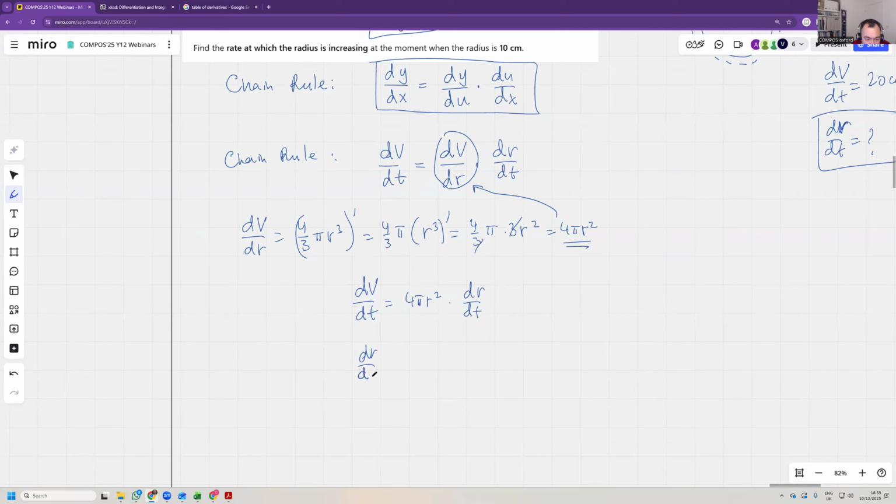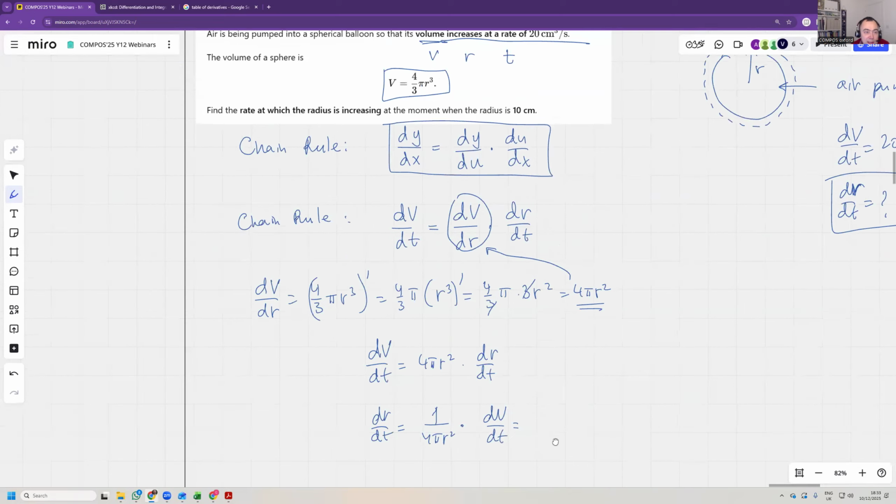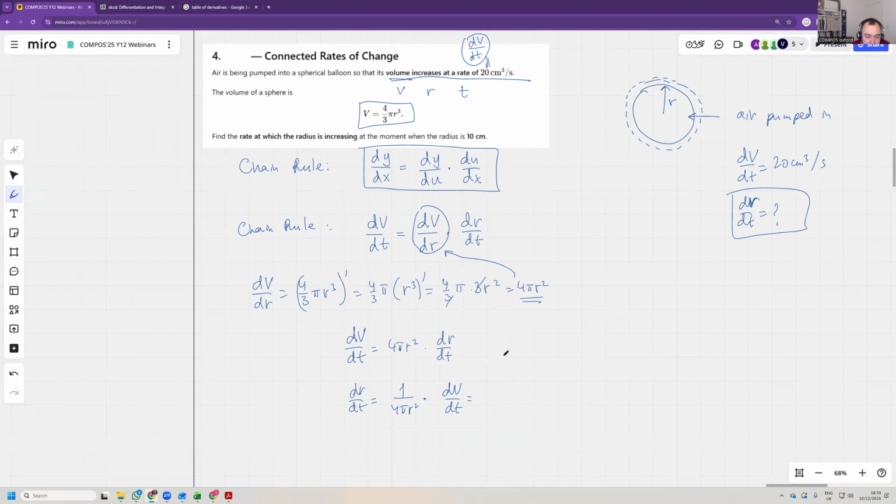So dr/dt is equal to 1 over 4 pi r squared multiplied by dV/dt. And we know that the radius is 10, and dV/dt we already know is 20 centimeters cubed per second. So 1 divided by 4 pi times 10 squared, times 20 centimeters cubed per second.